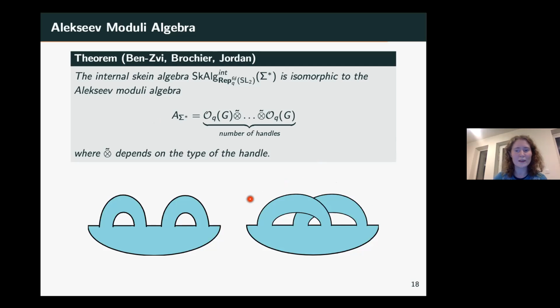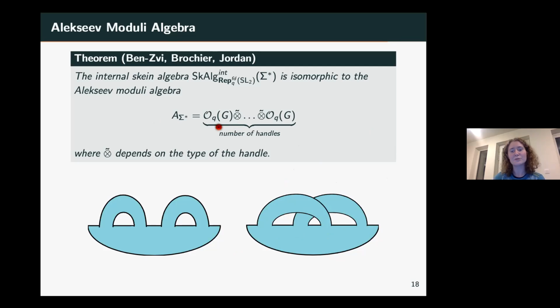Just before I end, this picture on the right, if you think about it carefully, is going to give you a punctured torus. You think of the A and B cycles of a torus, and then you use the puncture and retract to these 2 cycles. So you end up with, again, just a disk with 2 handles attached. But this time, the handles are no longer independent; they're actually interacting.